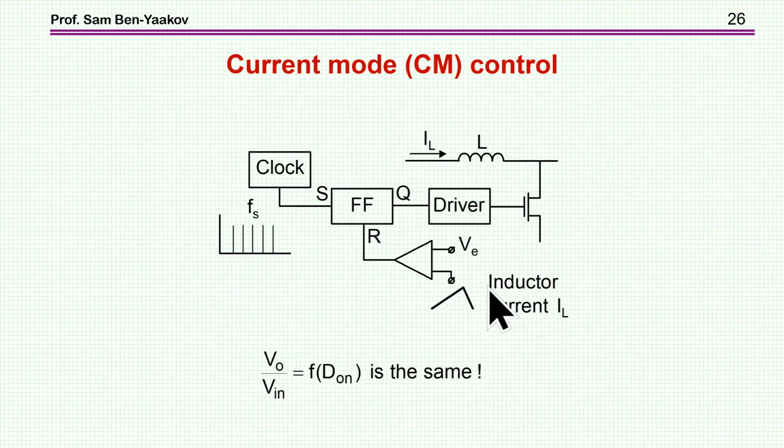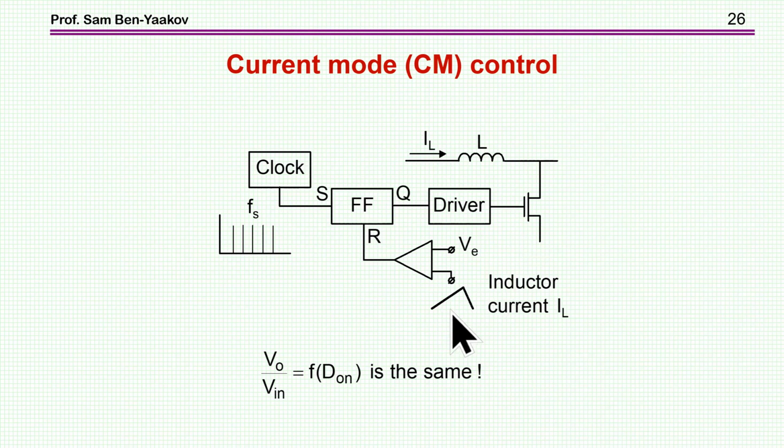So let me just reiterate here. If this is the current mode scheme, we have the clock setting up the flip-flop, turning on the transistor. The current of the transistor is going up, and when it reaches a certain value, this comparator will kick, and then there will be a reset, and the voltage of the gate will go down.